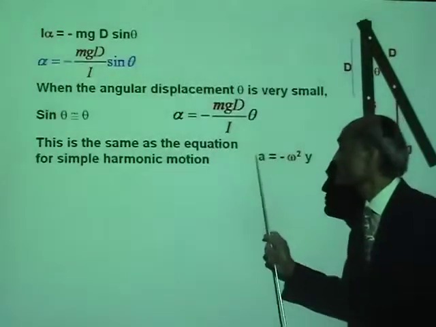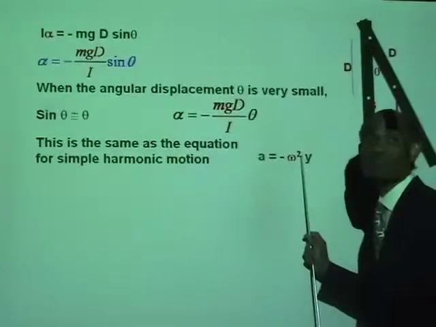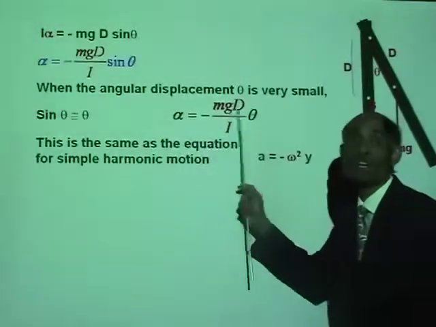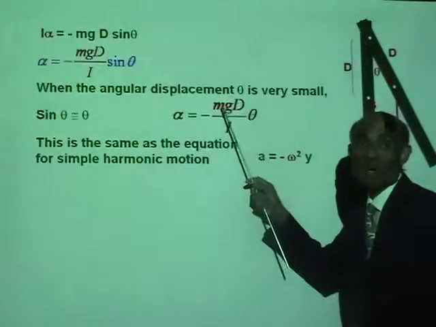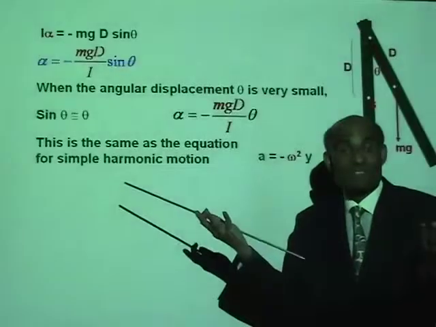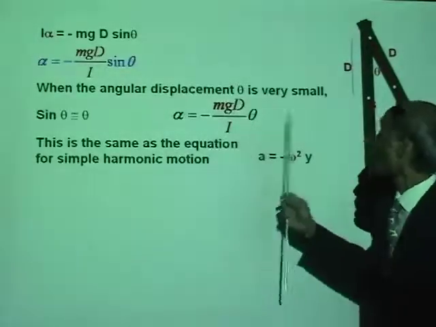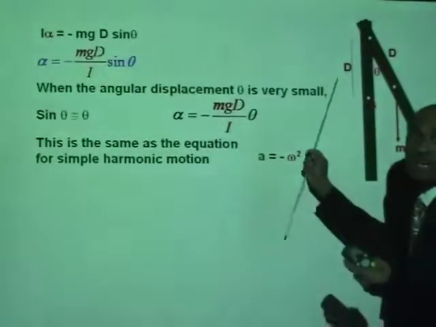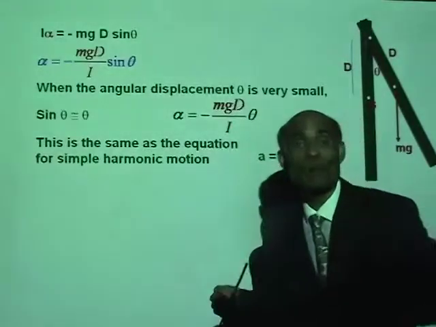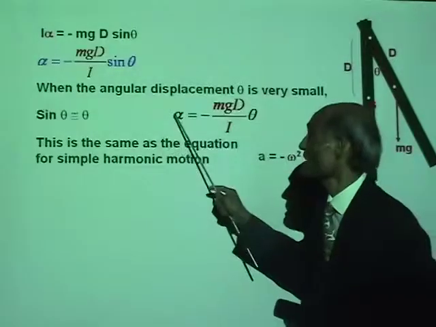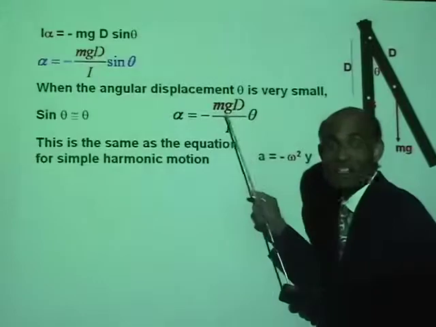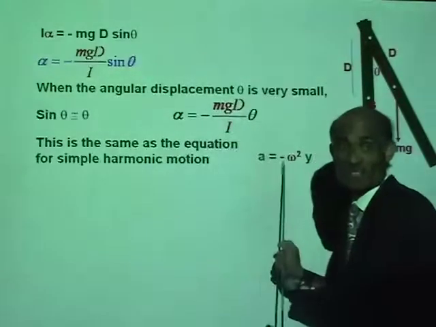Look at this. Acceleration, displacement. Let's go back to this equation here. Acceleration, displacement. So this equation and this equation are the same. The oscillations of a physical pendulum is a simple harmonic oscillation. The acceleration is proportional to displacement and is directed opposite to it. Just the same as this.